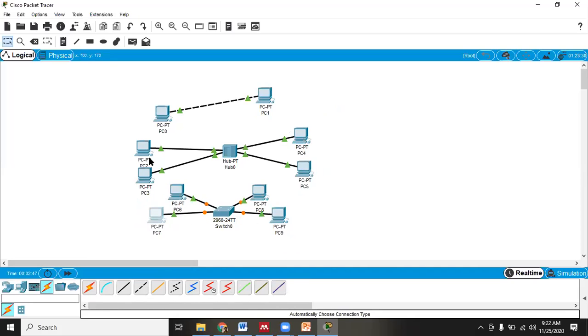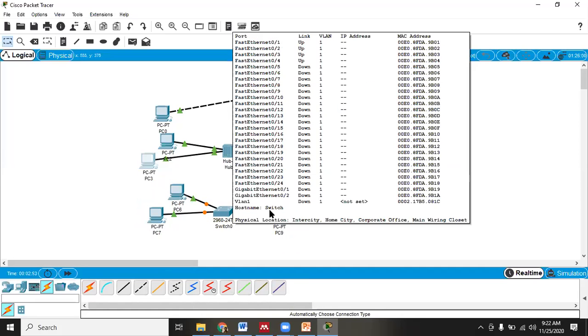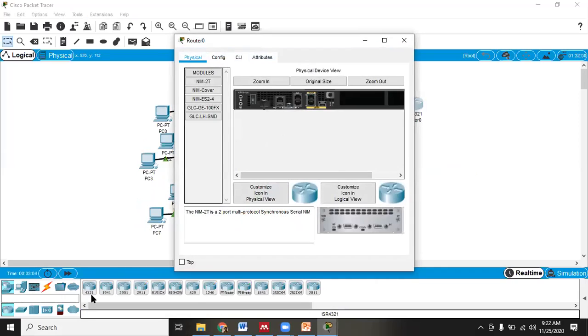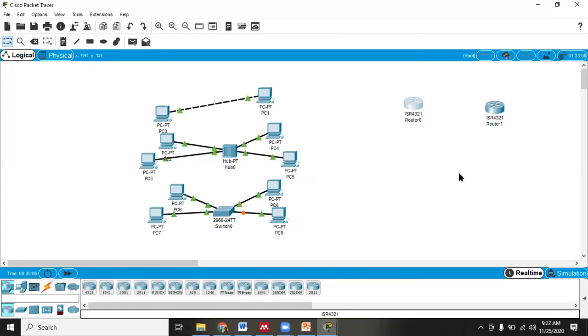Depending upon the number of active ports, the collision domain will vary, right?